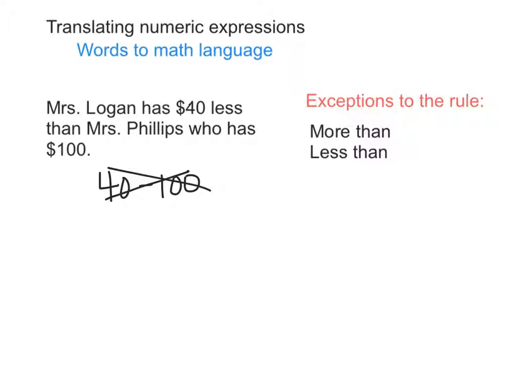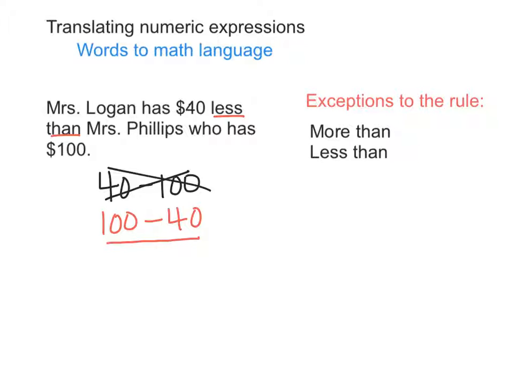So when you see more than or less than, and in this case we see less than, we're going to let our logic take over here, and we're not going to write it in order because it makes sense to say $100 and Mrs. Logan has 40 less than that. So 100 minus 40 would actually be the expression to express what we're trying to say in English, that Mrs.